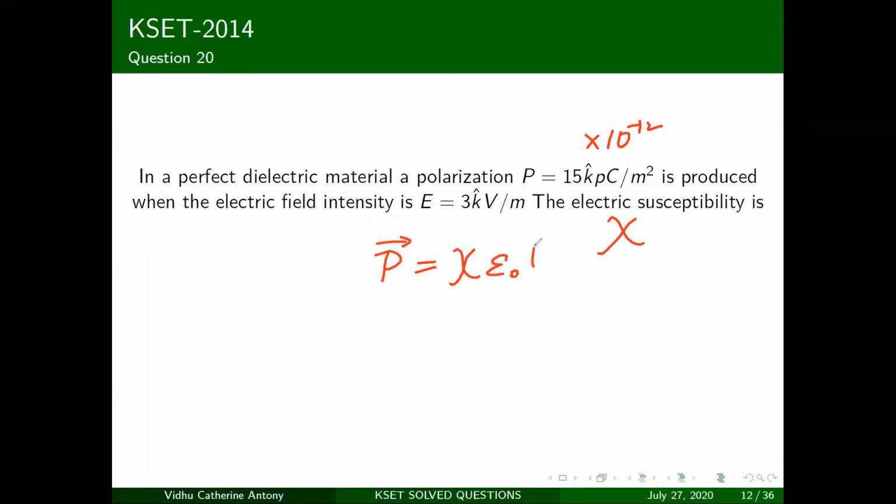So this is how the polarization and electric field are related in a perfect dielectric material. That is very important to note. So what you do is you substitute these. I'm going to ignore this k cap. Here you have your chi and epsilon naught is something that you know.